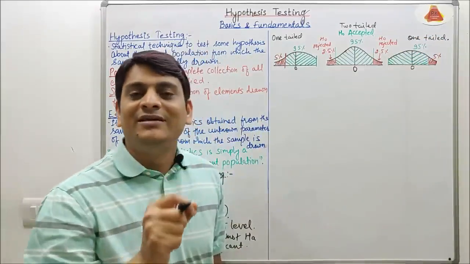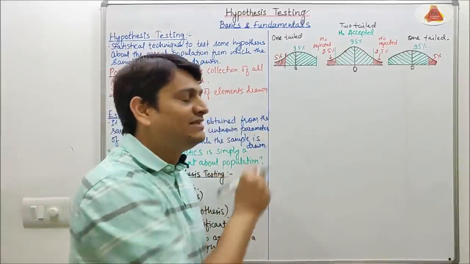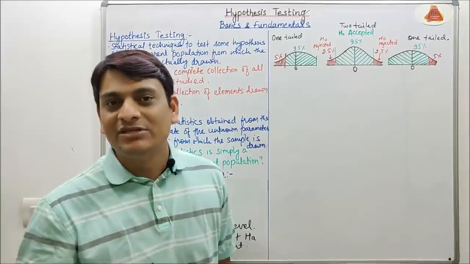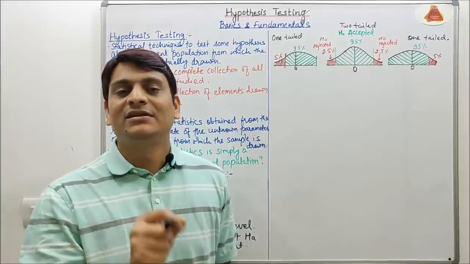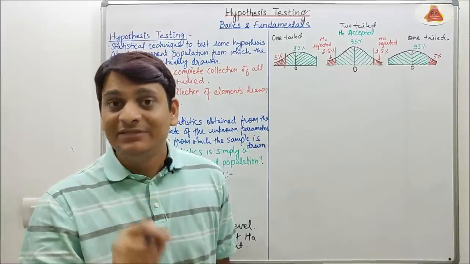Now coming to the critical Z value for this hypothesis testing. Those Z values are fixed for one-tailed and two-tailed tests, and they will be like this.